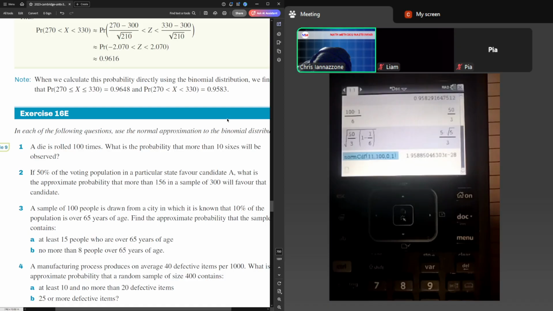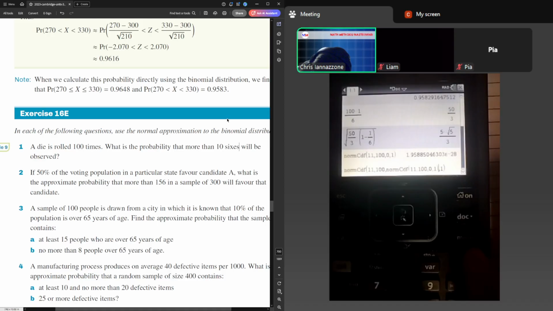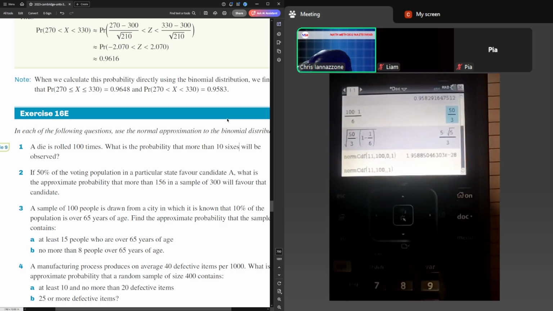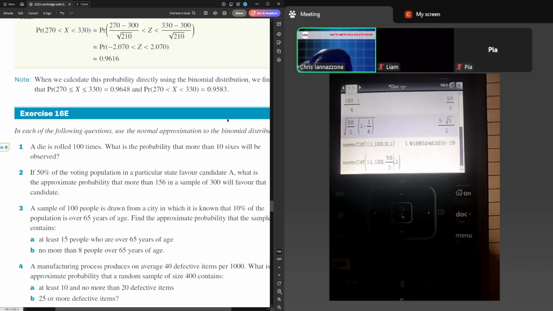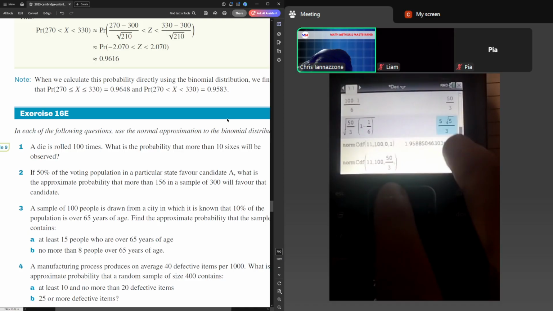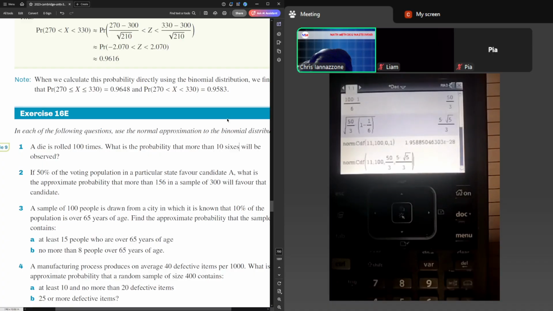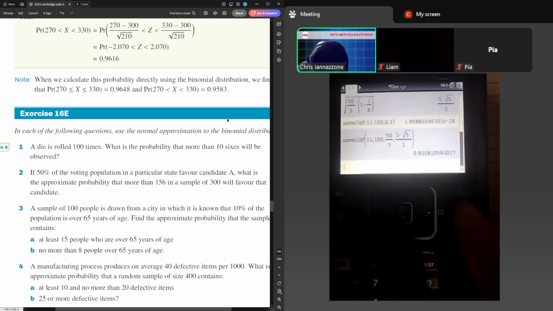So let's fix that up real quick. Mean of that. Nice. Let's try that a bit better. Control C. Control V. There we go. And that's going to get us a decent answer.